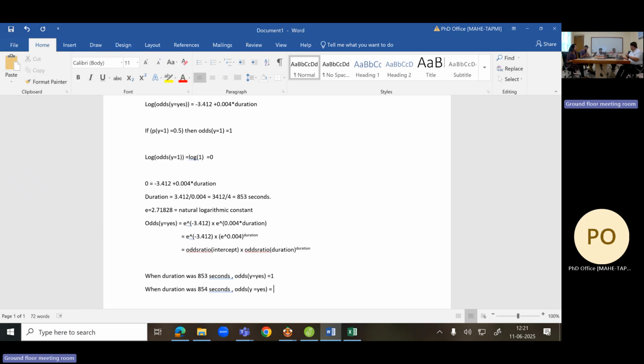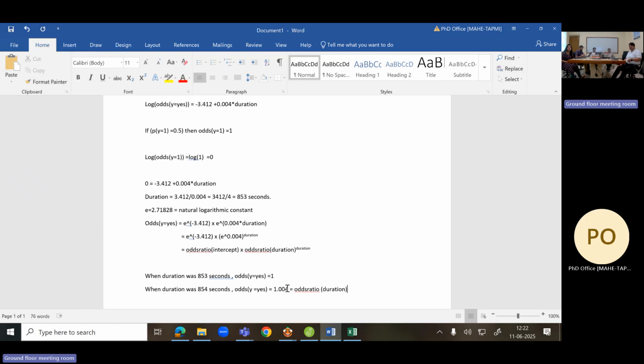It gets multiplied by the odds ratio of duration for each extra unit of duration. Okay, I think you got the fundamental idea of logistic regression.